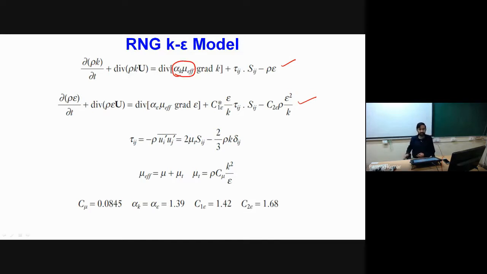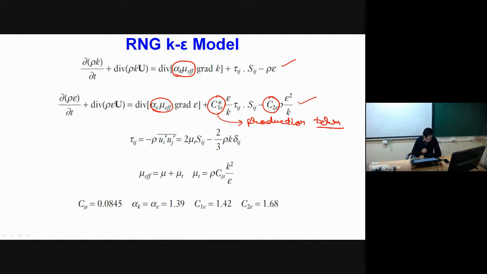So in place of turbulent eddy viscosity, we are writing mu effective. Similarly, here also we write mu effective, and these coefficients C1 epsilon and C2 epsilon are also there. C2 epsilon is as it is, but C1 epsilon is modified. This C1 epsilon is the coefficient involved with the production term over here.